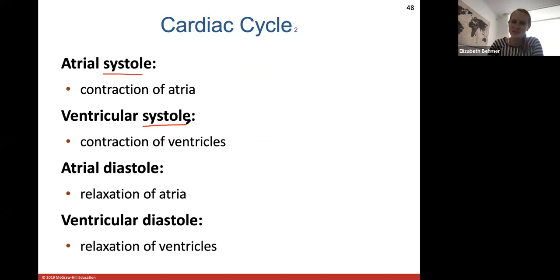And ventricular systole refers to ventricles contracting. And then we have phases of the cardiac cycle called diastole. And diastole means relaxation of those chambers. So atrial diastole is relaxation of your atria, and ventricular diastole is relaxation of the ventricles.